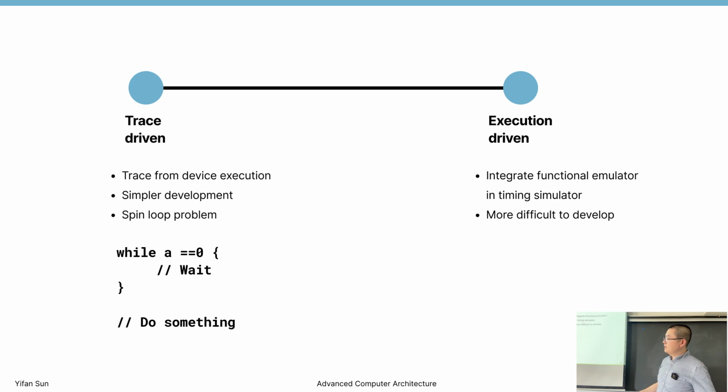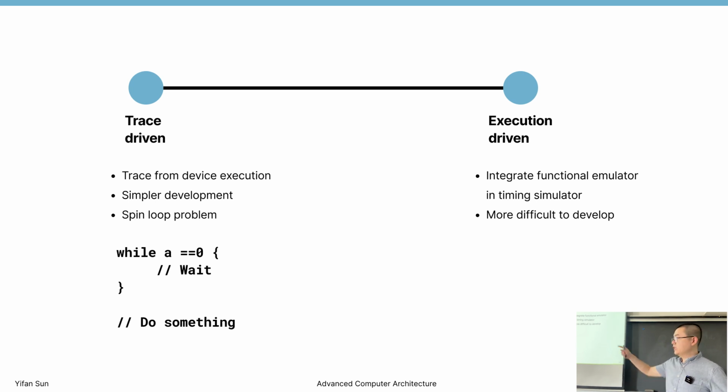While A equals 0 is a comparison operation, right? And there's a wait, probably a sleep or some instruction in it. So how many times do we execute this loop? In trace-driven simulation, we can only do whatever the trace is telling us.